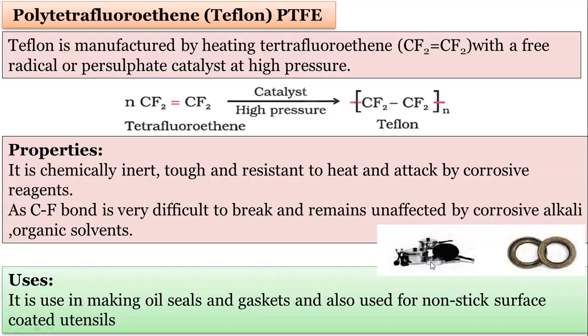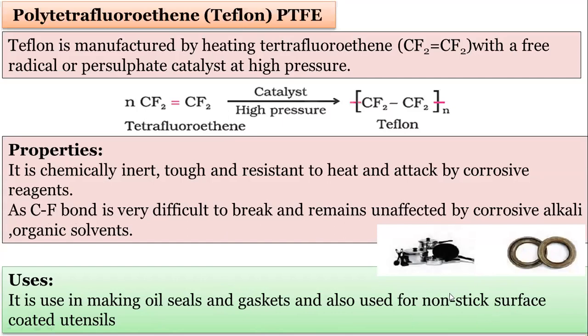As this C-F bond is very difficult to break, these polymers are used for making oil seals and gaskets, also used for non-stick coated utensils. In our day-to-day life, this Teflon coating is used for vehicles and in automobiles.